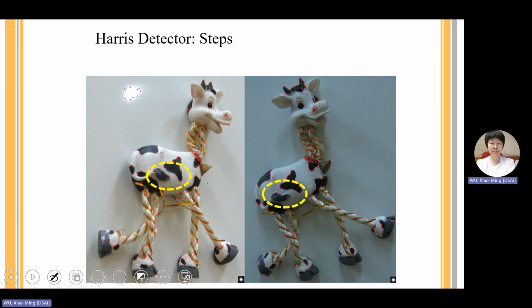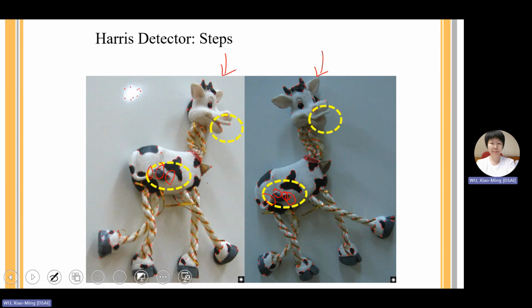Notice that the two images are under different illumination, and the objects also have different orientation. Yet you can see the same corner points have been successfully identified, which demonstrates that Harris corner detection is rotation invariant.